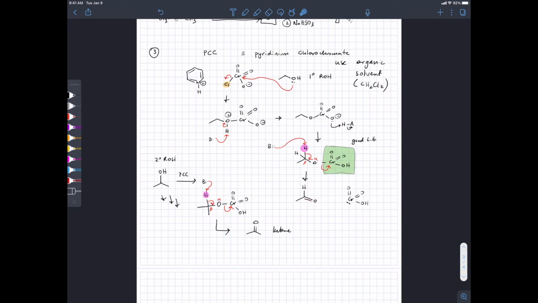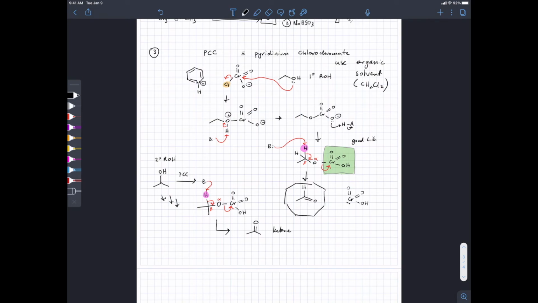Because if you contrast the ketone, the aldehyde's still got a beta proton there. And so there's a possibility for another elimination step, though something else has to happen first, and that something else involves water. So the fact that we don't have water present here allows us to get to the aldehyde and stop. Okay?